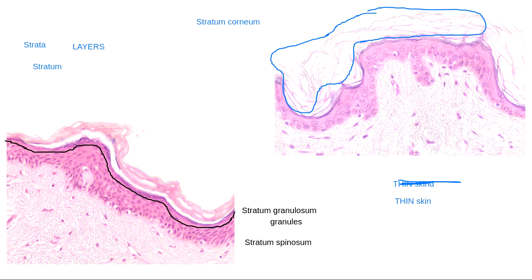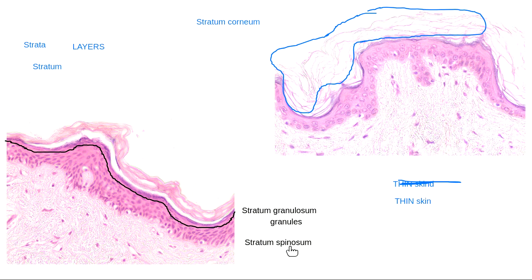All of these cells mixed in the middle here are stratum spinosum. Here would be a note to write down about stratum spinosum: this is the layer of the skin where the most living cells are found. The cells in stratum spinosum are alive, and there's a lot of them.